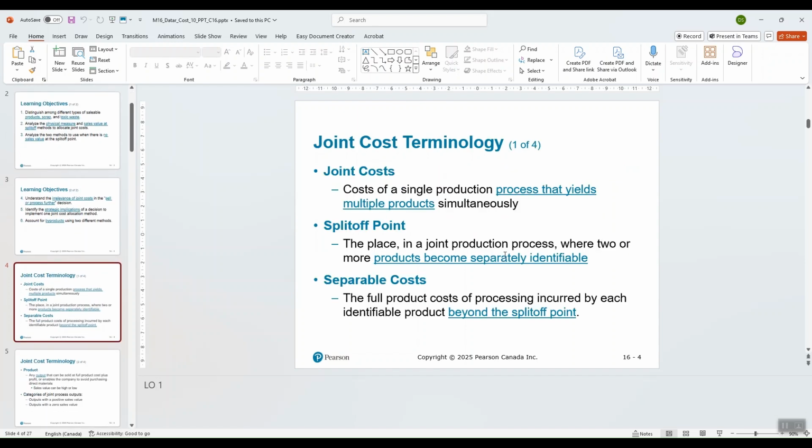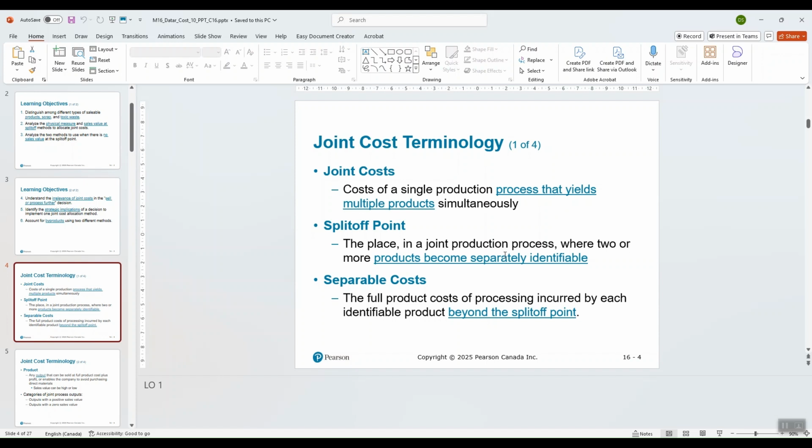First, the most important thing is understanding the terminologies used in this chapter. First one is a joint cost. In the organization, there are some costs that you spend not to produce the final product, but to process a certain item.